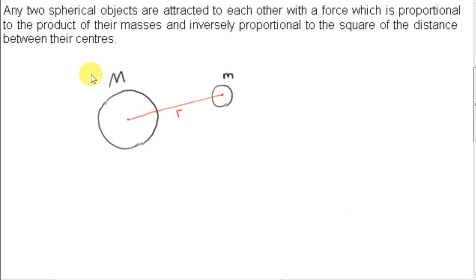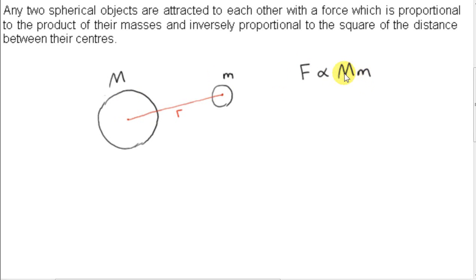Newton's law of gravitation says that any two spherical objects are attracted to each other with a force which is proportional to the product of their masses and inversely proportional to the square of the distance between their centers. Okay, let F be the force between these two spherical masses. F is proportional to the product of the masses, so let one mass be called big M and the other mass little m.